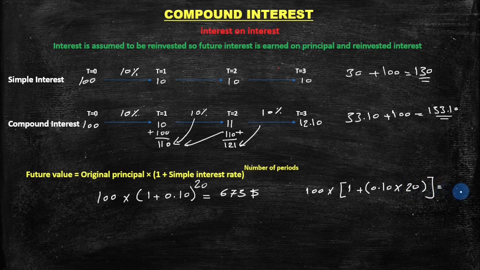And that will equal $300. So compound interest, $673. Simple interest, $300. Okay, great. In the case of compound interest, so far we were calculating it on a yearly basis, annually. In the next slide, we will talk about other frequencies, like quarterly, monthly, or even daily.